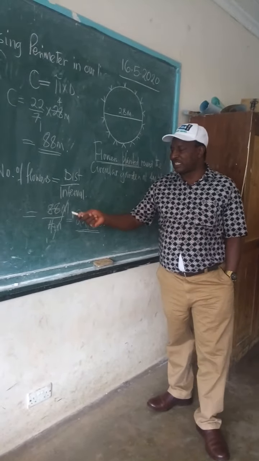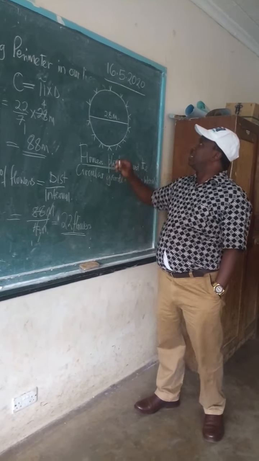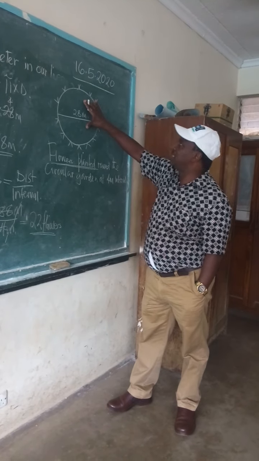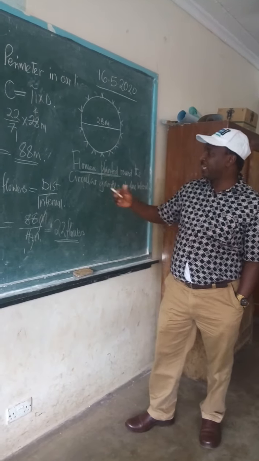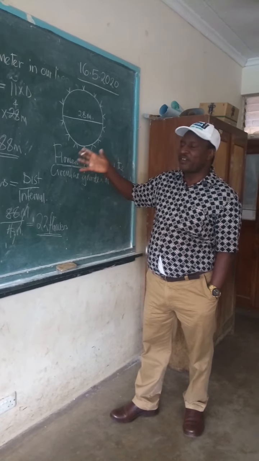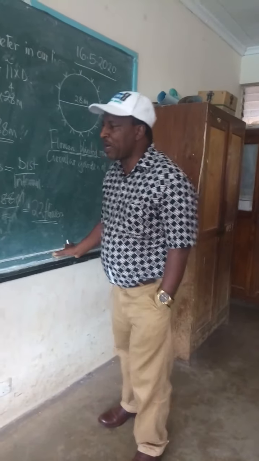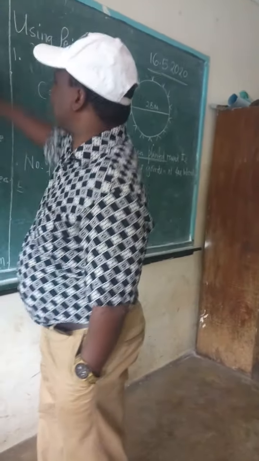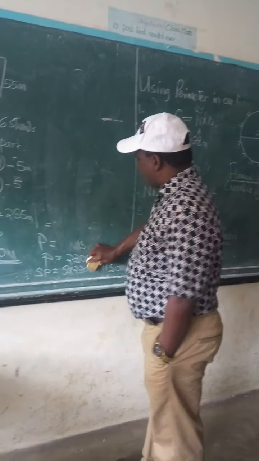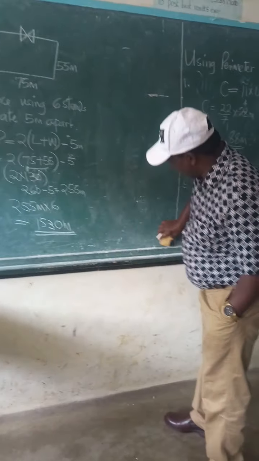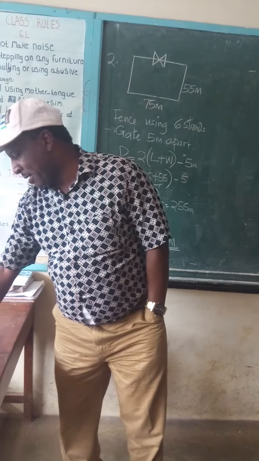Completely, because meter and meter were canceled: the distance was 88 meters and the interval was 4 meters. And again, the question was about flowers. I'll give you the last example, then I'll assign some work to be done.